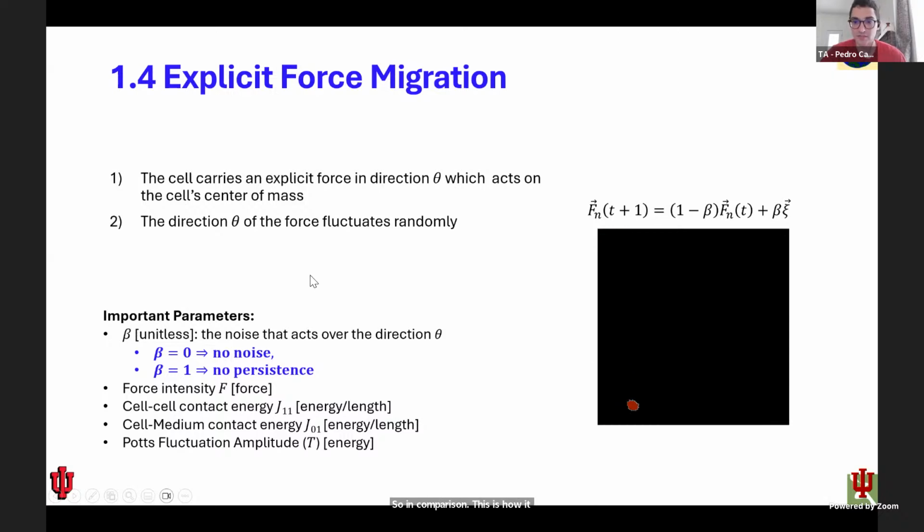This is an explicit force model, and the important parameter beta is the noise. If you set it to 0, the cell will always migrate in a straight line. If you set beta to 1, the cell will just jiggle and there will be no persistence at all.